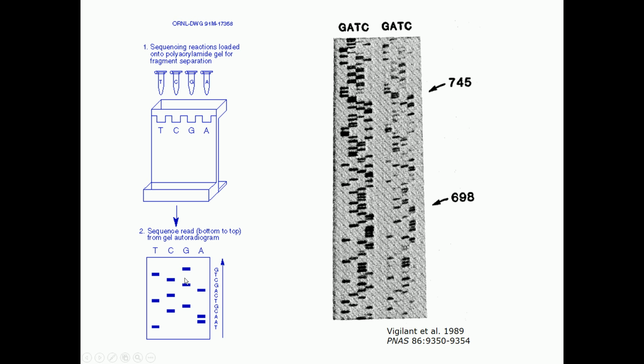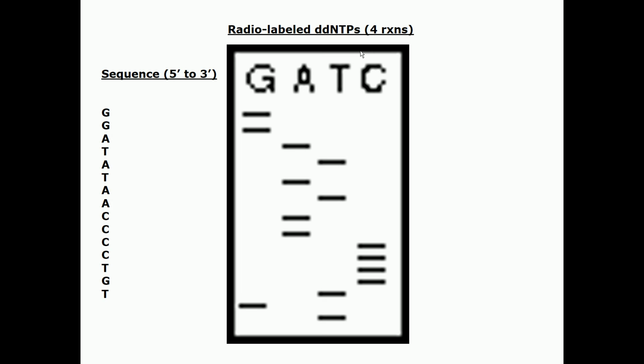On the basis of the pattern of fragments you get in those reactions, you separate those fragments on this gel, and then that is transferred onto the X-ray film, and whatever the size of those fragments, that tells you the sequence of DNA. So this is the conventional method of how it used to be done.